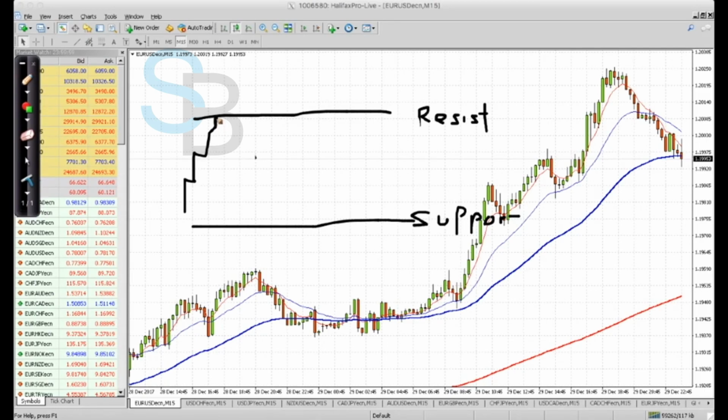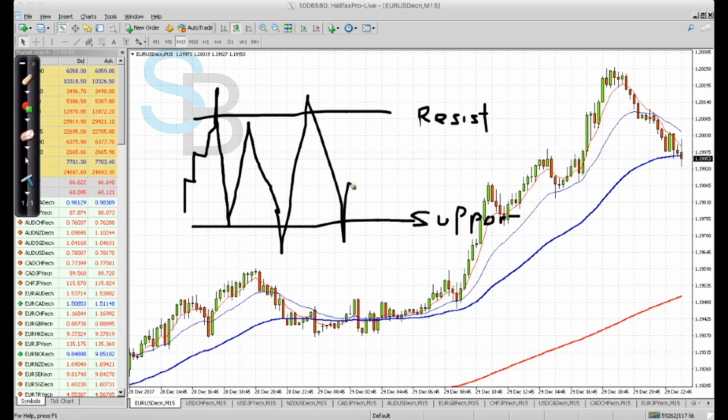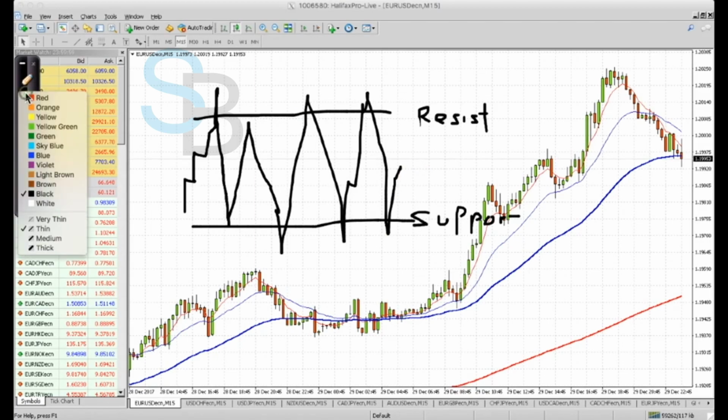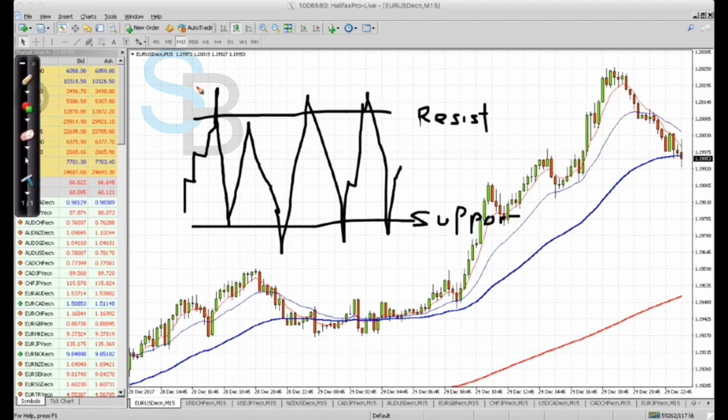It can go a bit above that and come down. Similarly, it may touch support here, go up, and sometimes it may not even reach that line. It may fall short and come down. And again, it doesn't stop exactly at that level. It could pierce below that level and go up. And like so. Okay, so when you use support and resistance, always understand that it's more like a zone.